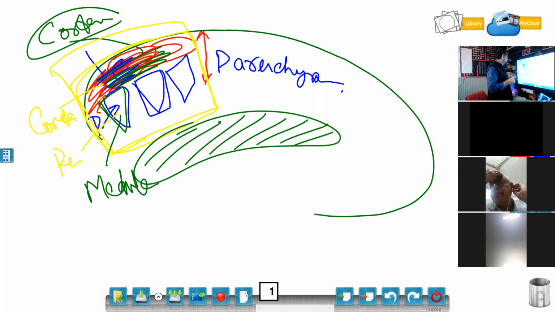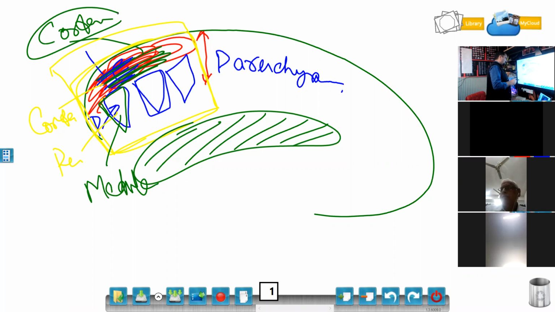Where is the cortex? Where are the pyramids? Which part is the medulla? Because when I am talking of corticomedullary differentiation, I am comparing the echogenicity of cortex and medulla. So if I see these pyramids, then it means that the corticomedullary differentiation is there.